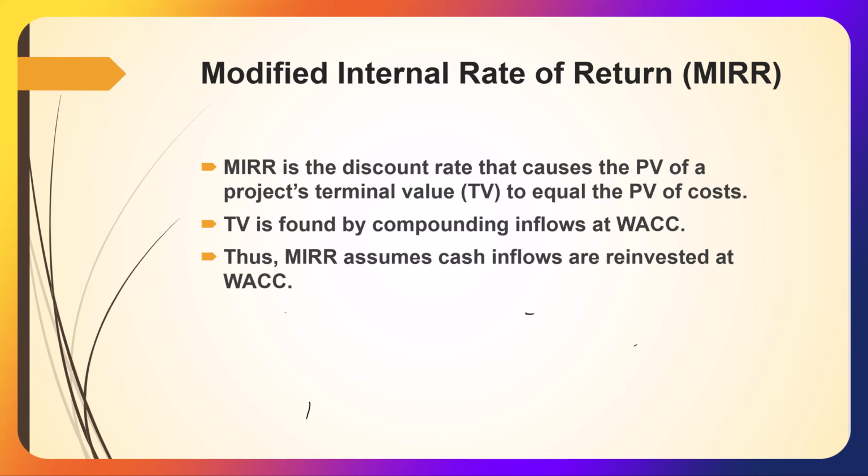Quite simply, all it does is say, look, if you reinvest all of your future cash flows, what will the cash flows be at the end of the project? They refer to this as a terminal value. We know what the cost is. That's the investment cost. That's a present value. The terminal value is a future value. We know the time of the project.